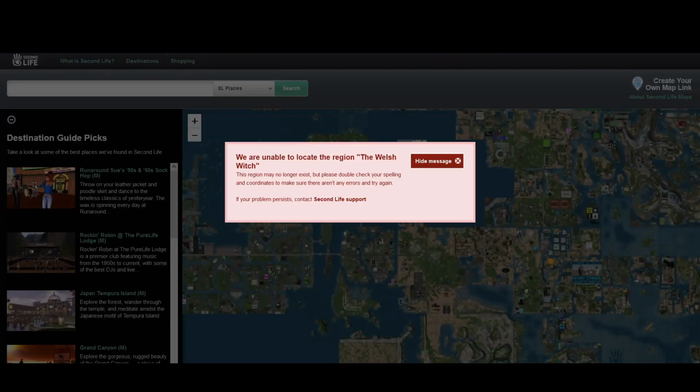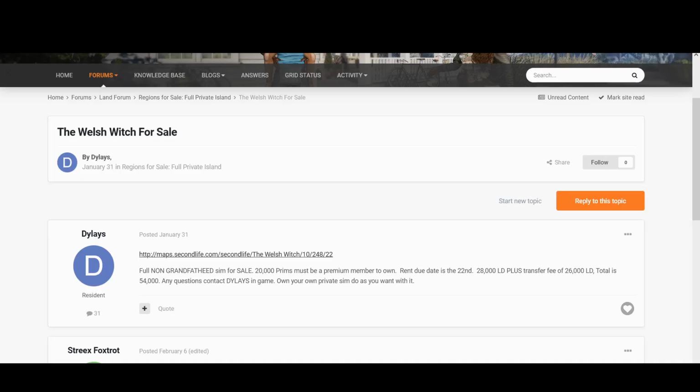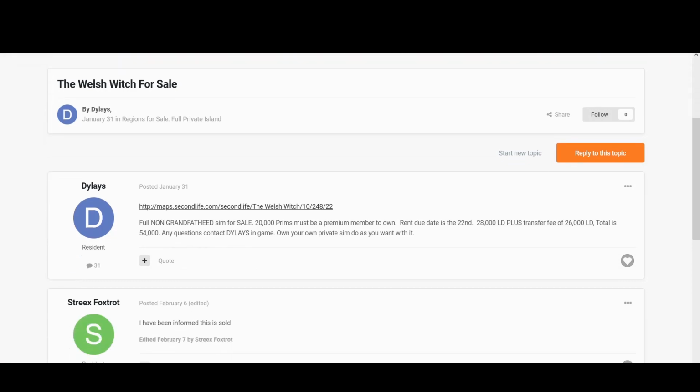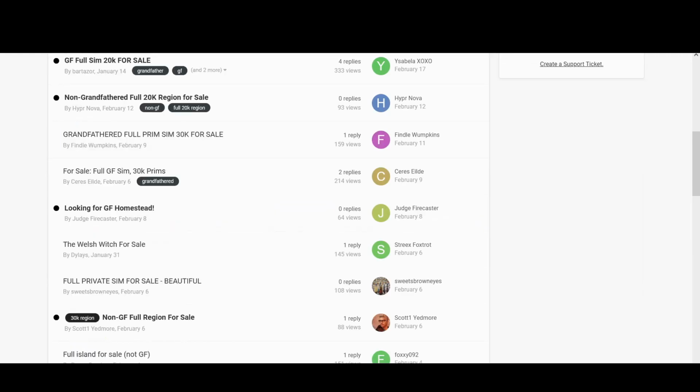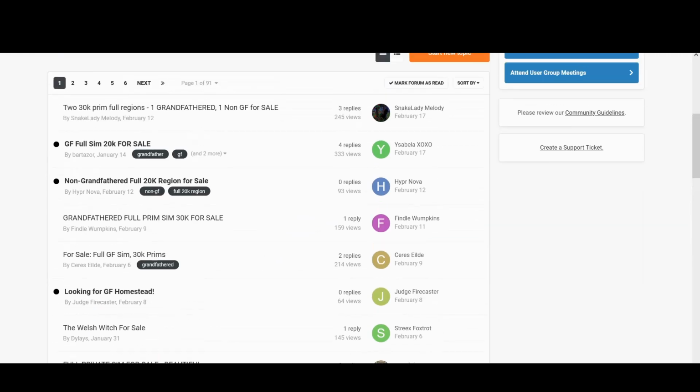Yeah, somebody bought it. Somebody bought it. And for an excellent price, because 28,000 Linden is a little over $100. A far cry from 250 or 350 that it costs to set up a private region. Yeah, so a little over $200 total there. So somebody got a great region.